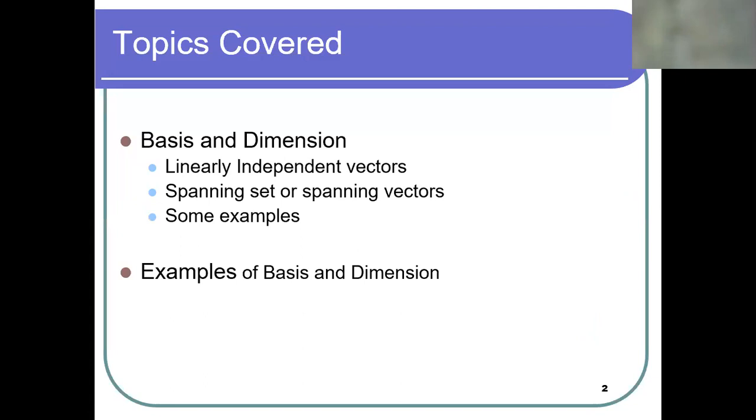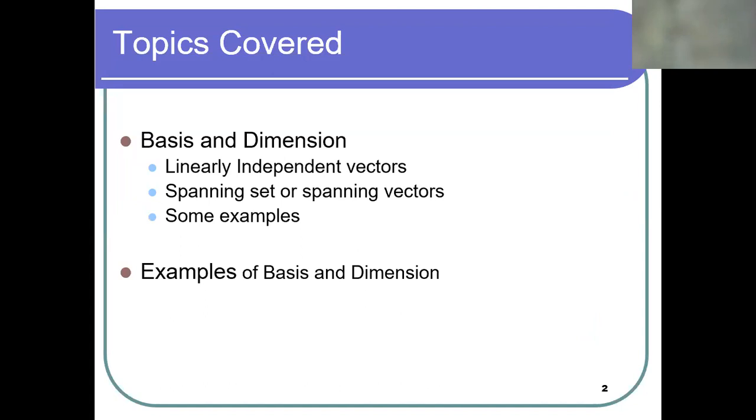In bases, we mainly talk about linearly independent vectors, spanning set, and some examples that relate bases and dimensions. And what does dimension mean? The number of elements in a basis is called the dimension of that particular vector space.